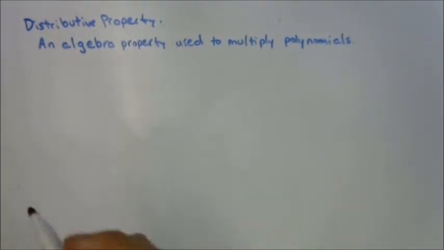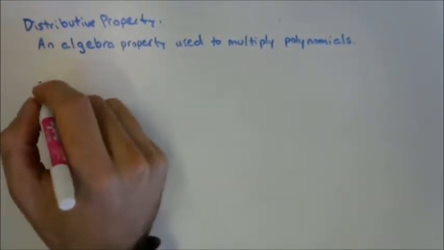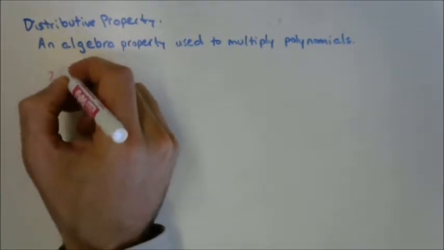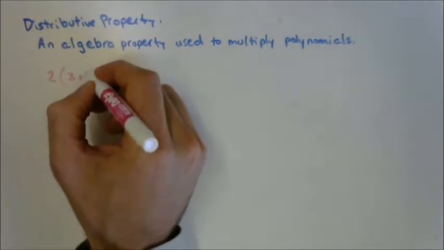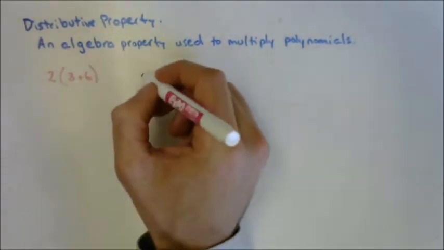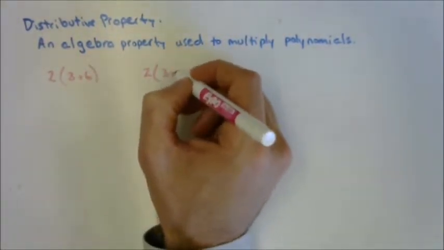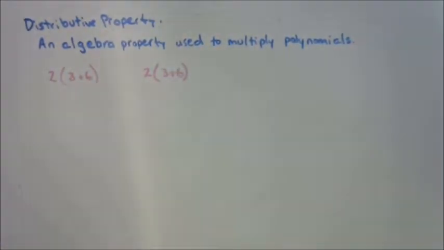So we can take a first really easy example and just look at what happens when we have two polynomials. Let's say the monomial 2 times the binomial 3 plus 6. We're going to look at this in two different ways, just to show that the distributive property works and always works.